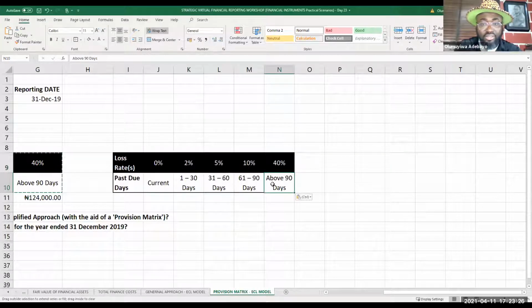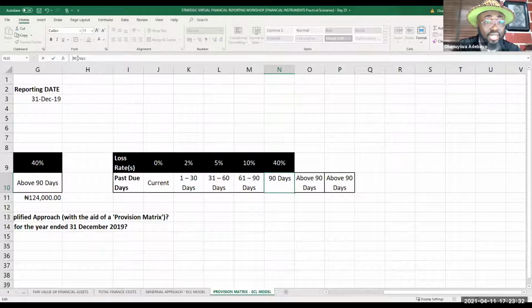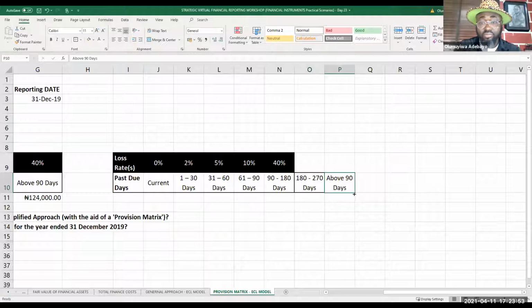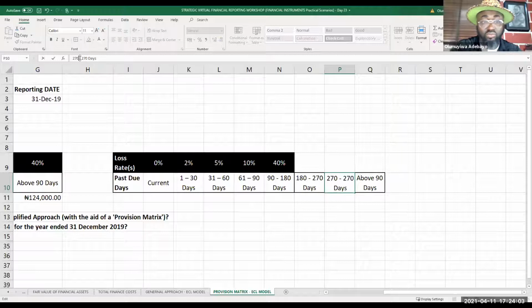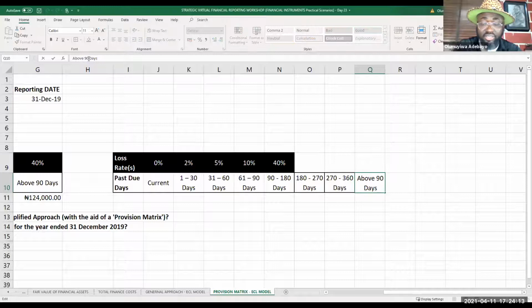They can extend it and say 90 to 180 days, 180 days to 270 days, 270 days to 360 days, which approximately makes a year, and above 360 days.